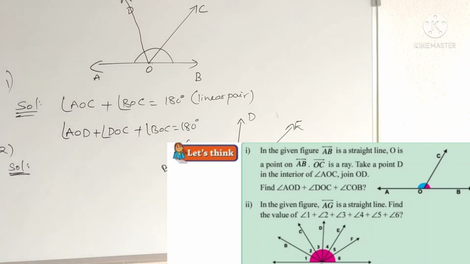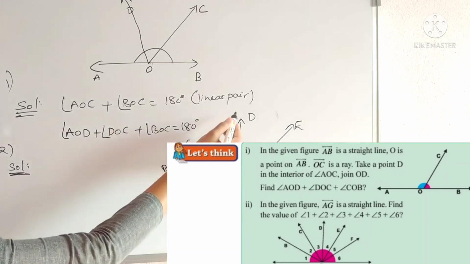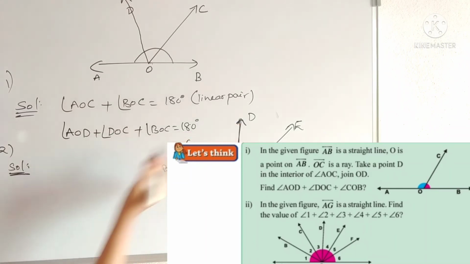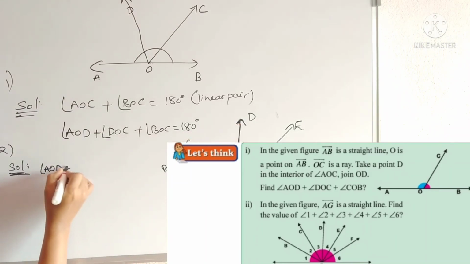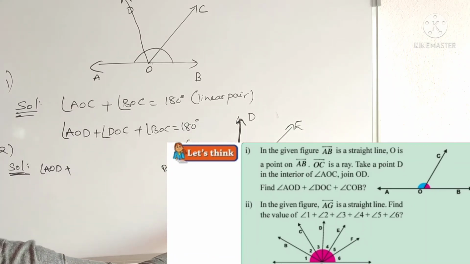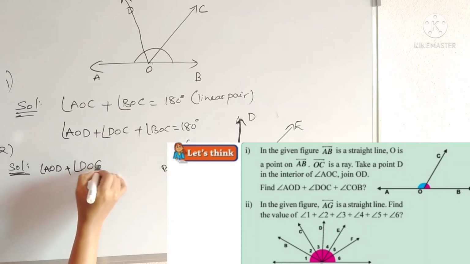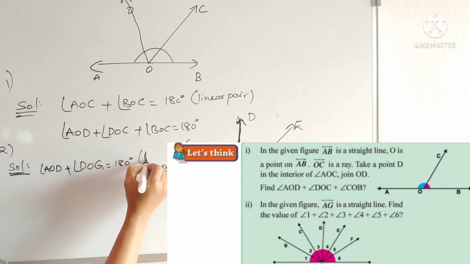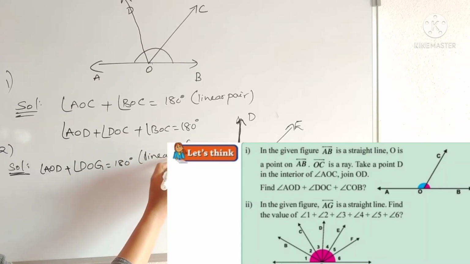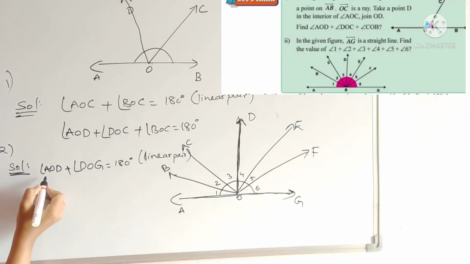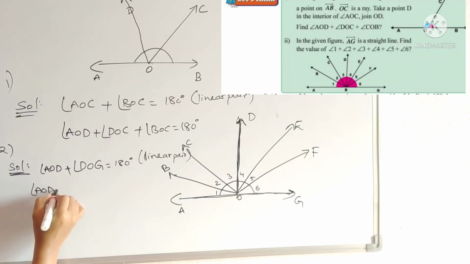See now, angle AOD plus angle DOG are forming a straight line, so they are a linear pair. So their sum is 180. Now what is angle AOD?